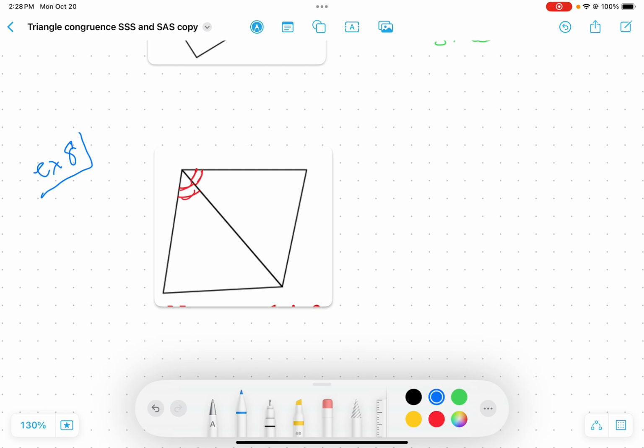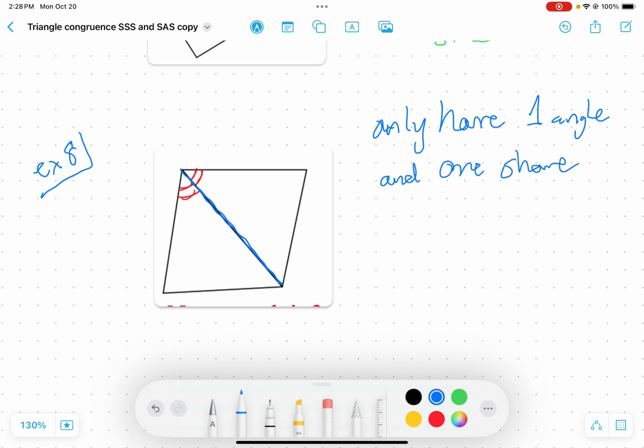But that's it, that's all they're telling me. So I only have 1 angle. Sorry, that's bad handwriting. Okay, they only have 1 angle and 1 shared side. So that's not enough information.